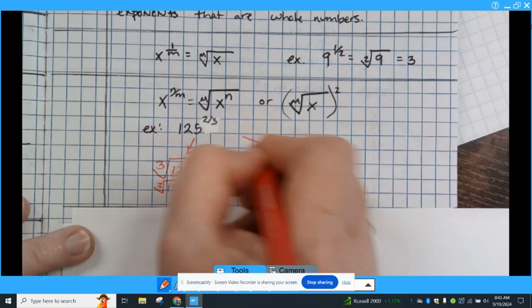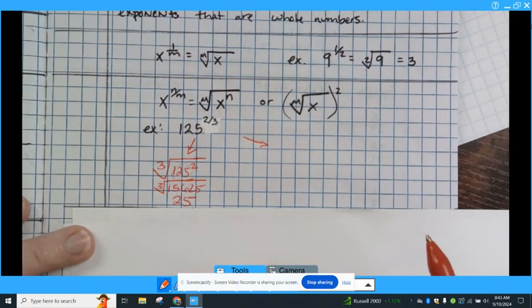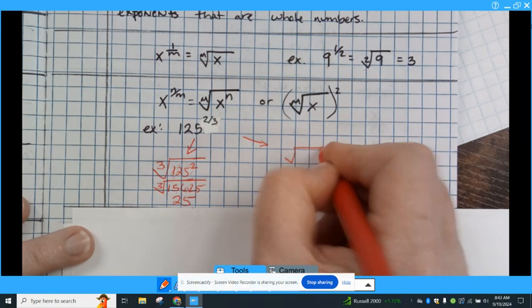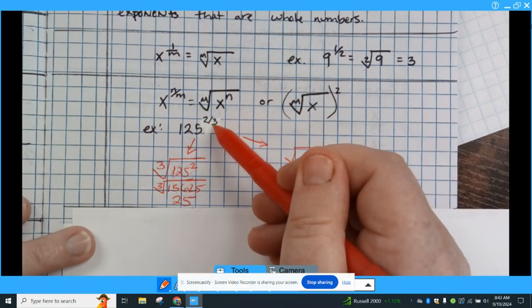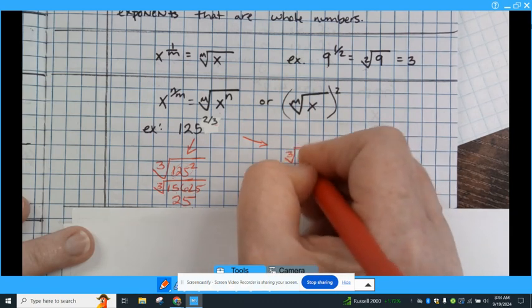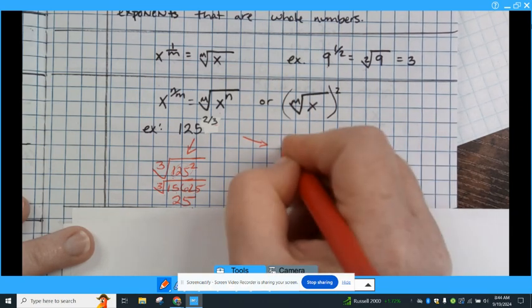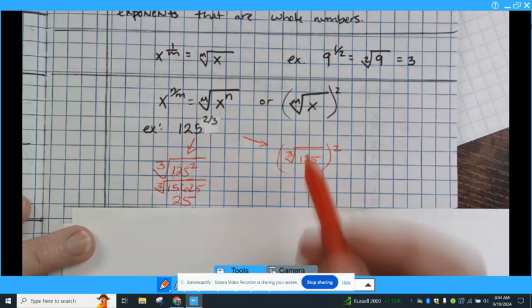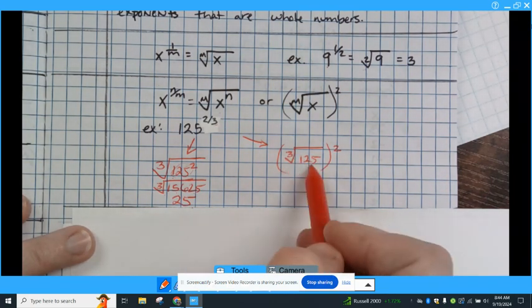The other way to do it is the way I like a little bit better. The first thing we can do is the third root, because again, our denominator is 3. The third root of 125, but we can square it afterwards. So you do the third root of 125 first.